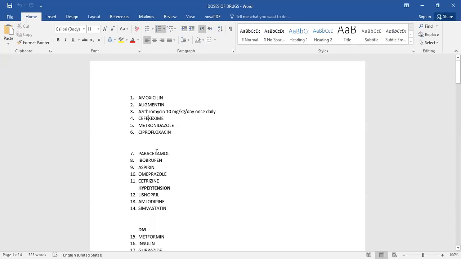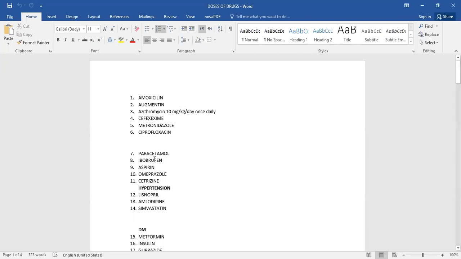Paracetamol, okay. Paracetamol, how frequently can you give it? Every 4 to 6 hours, Q4 hourly or Q6 hourly can be given. Paracetamol strength: 500 milligrams. Okay.